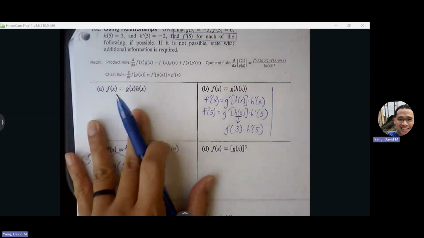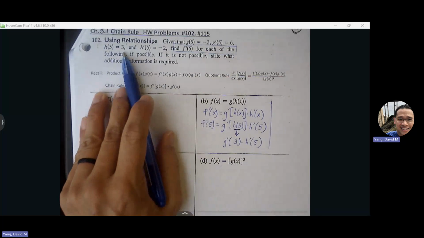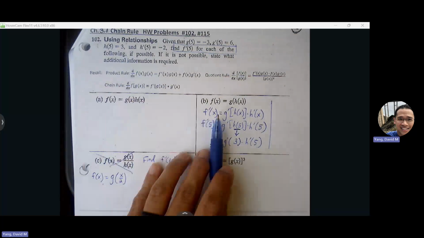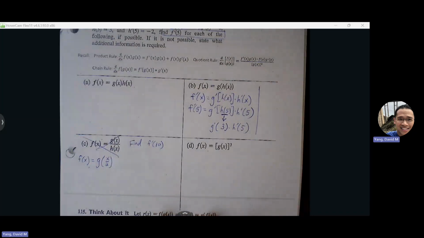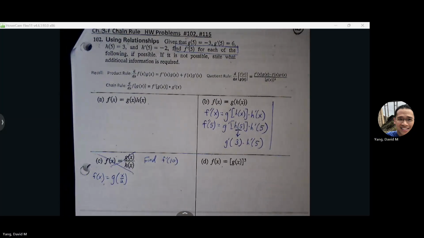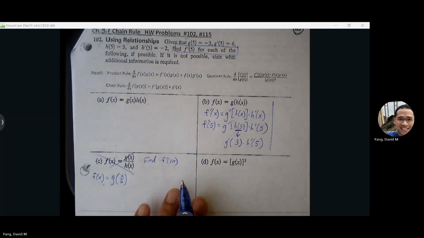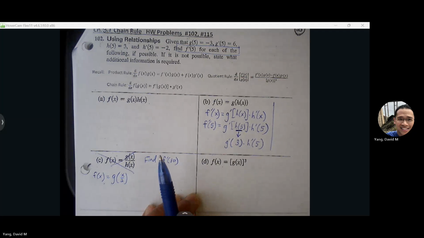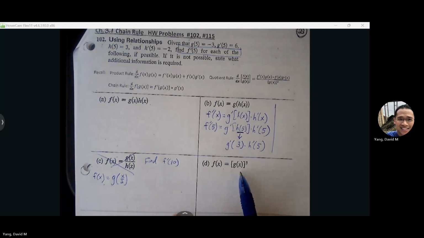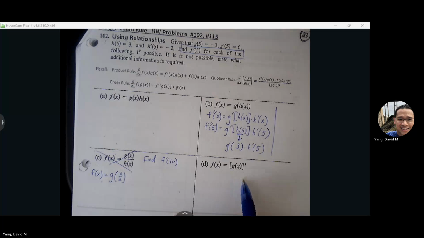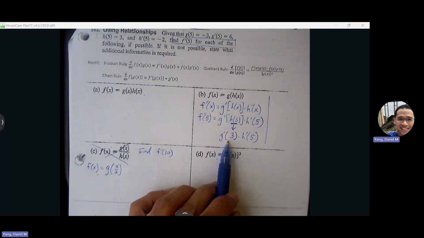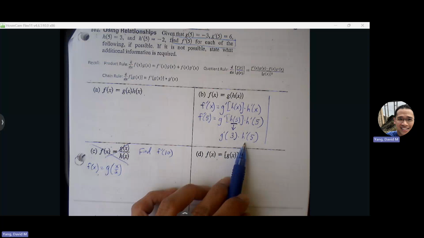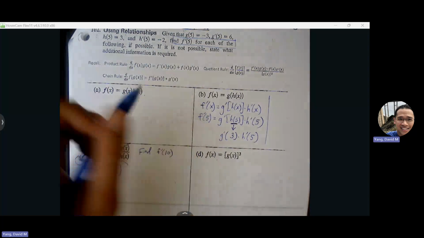So we know h of 5 from our list of values. h of 5 is 3. So I replace that with 3, but now I can take care of that outer portion, that g prime of 3. They don't give us a value for g prime of 3, so we just have to leave it as is. But h prime of 5, we can replace with -2.